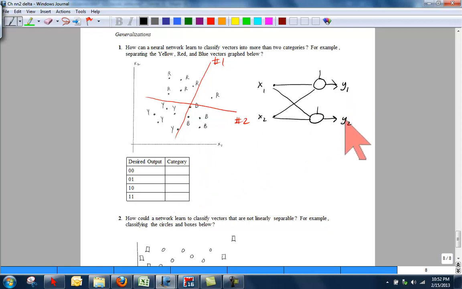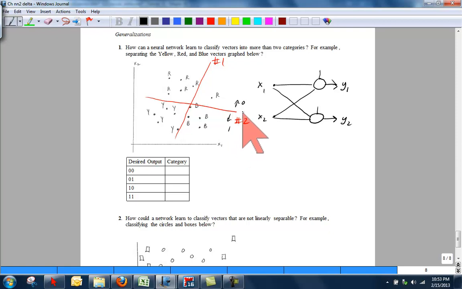And then as far as how to interpret the output, here is boundary number 2. Let's suppose that this is the 0 side and the 1 side. I'm imagining that I've already trained the network and it's formed these two decision boundaries. Perceptron number 1 is forming this boundary. Perceptron number 2 is performing this boundary. Suppose number 2 has split like this.